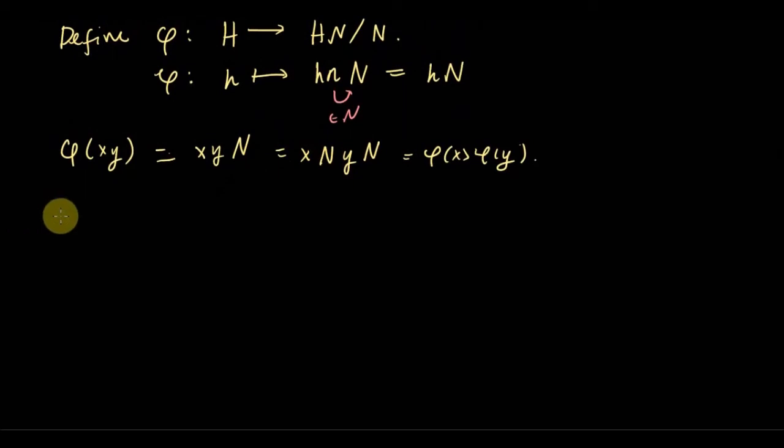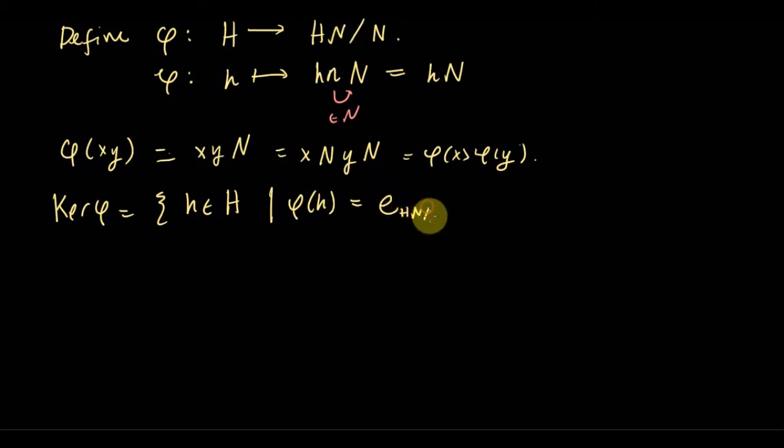Now, because I said we'll end up using the first isomorphism theorem, we want to figure out what the kernel of phi is. This isn't too tricky. We write kernel of phi. And what is the kernel of phi? It's all of the elements h in the group H such that phi of h equals the identity in where we're mapping to, so the identity in Hn mod n. Let's write this out again: h in H such that, what's the effect of phi on h?